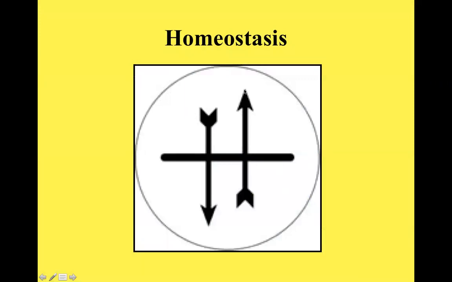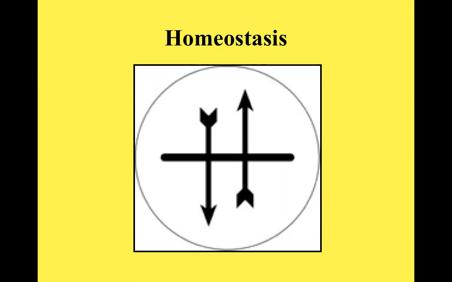Okay, the next topic we want to look at is something called homeostasis. Cells are specialized chambers, and inside of them there is a chemical environment which is kept balanced. In other words, the chemical composition of a cell is kept steady, or we talk about homeostasis.